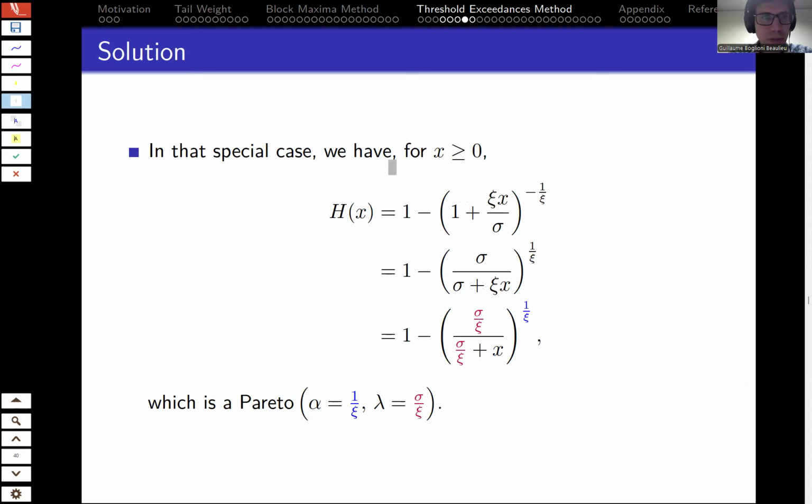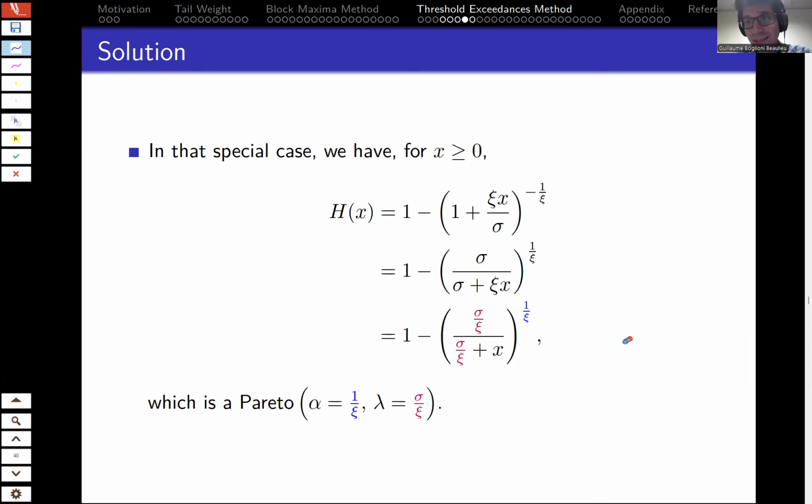Now, just a bit of rearranging. What we can do is change 1 for sigma divided by sigma, so that we can put everything over the same denominator, sigma. Then we can reverse the fraction so that we change the sign of the exponent from negative to positive. After that, if we multiply on the top by 1 over Xi and on the bottom by 1 over Xi, we get the expression here.